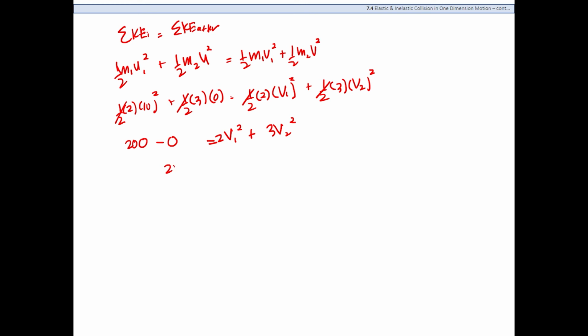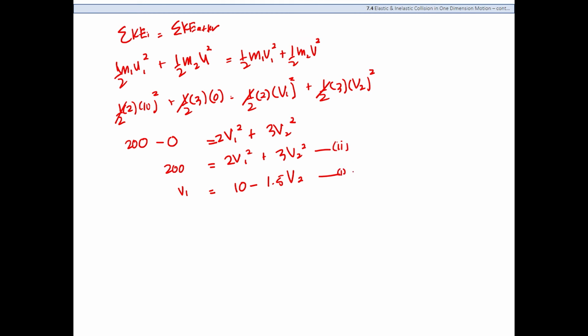So 200 equals 2 v1 squared plus 3 v2 squared. This is equation number 2. And equation number 1 from the previous slide is v1 equals 10 minus 1.5 v2. This is equation number 1, and this is equation number 2.